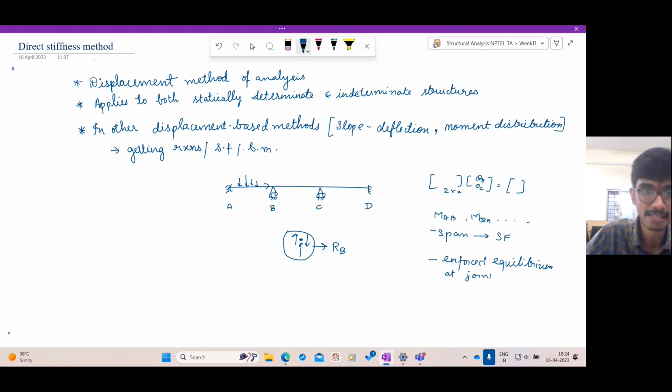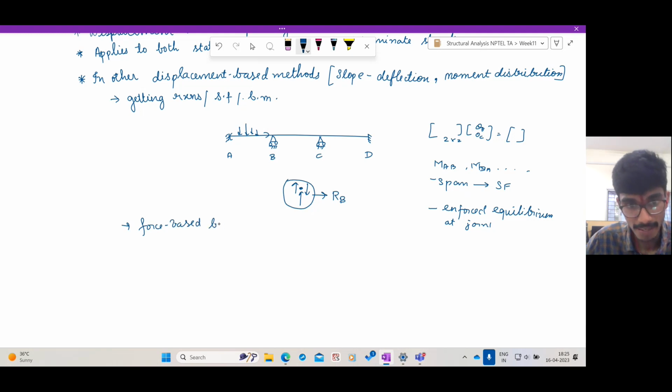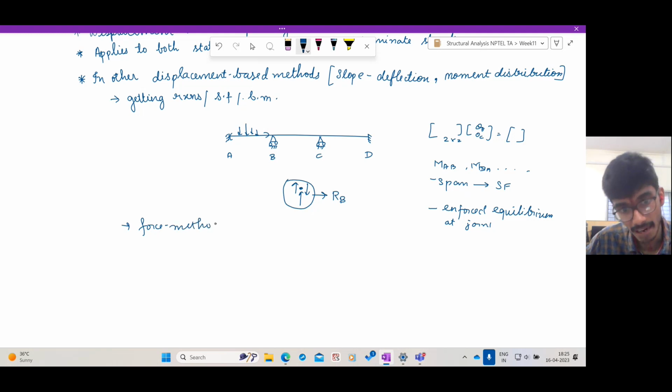In the force method, the first step itself is difficult. What was the difficulty?